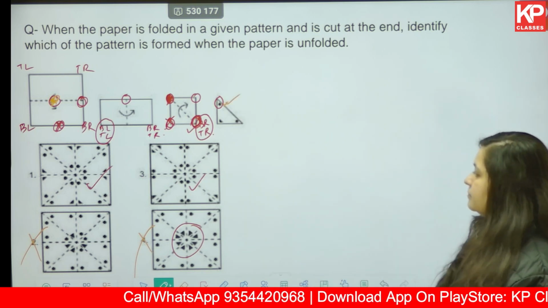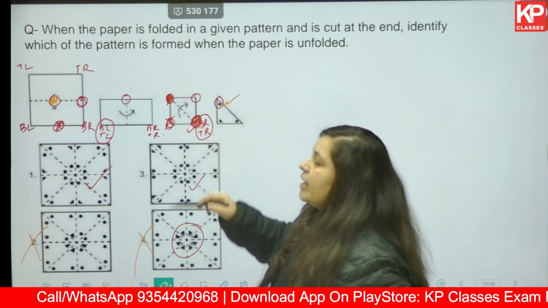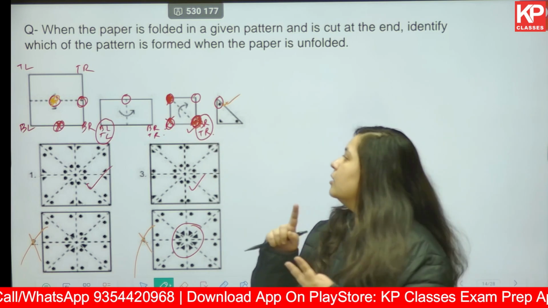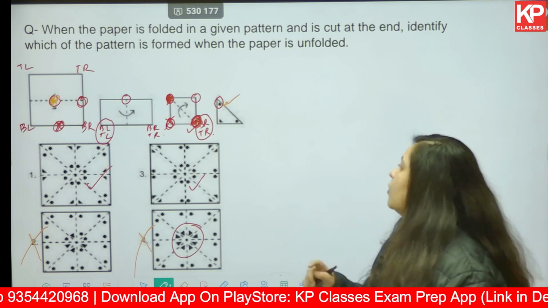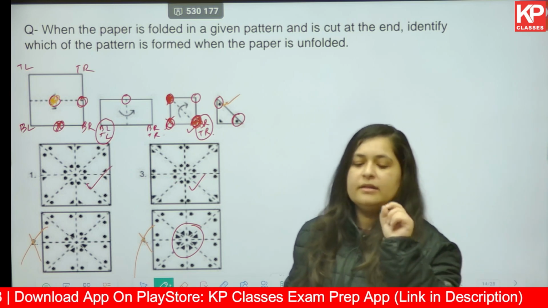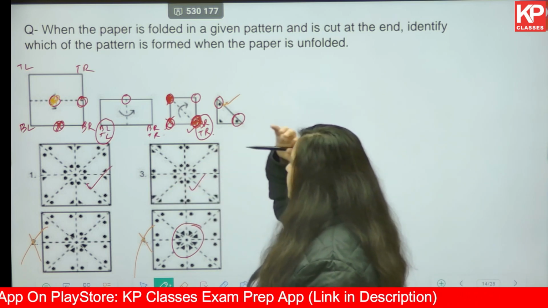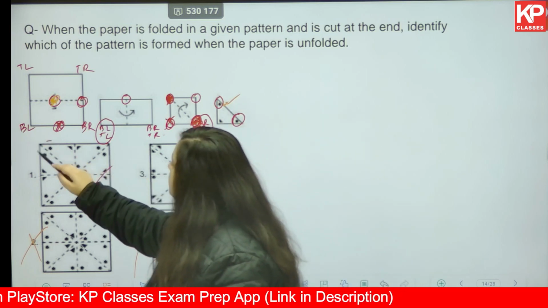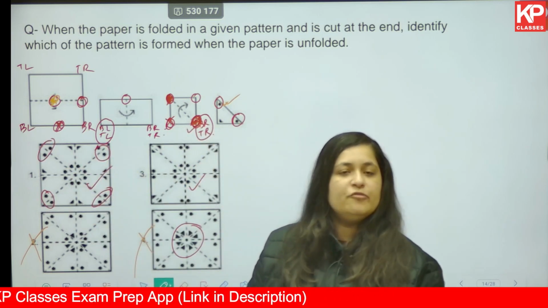Next, what happens to the corners? This corner, where your bottom right, your bottom left, your top right and your top left are coinciding. What is happening there? You have a void that is circular in nature. So amongst 1 and 3 you have circles in all the 4 corners.